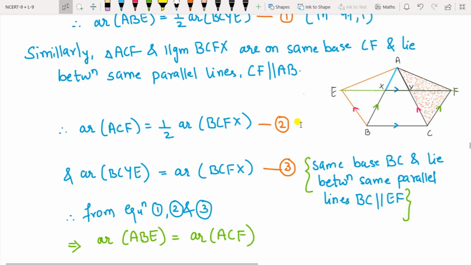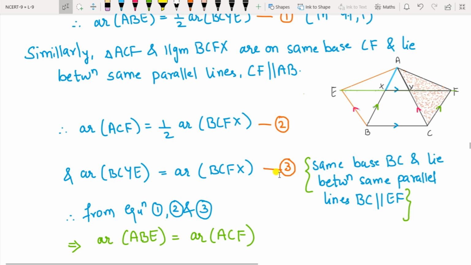Okay, that is equation number 2. Now the earlier parallelogram BCYE and this parallelogram BCFX, they both are on the same base and between the same parallel lines. Therefore area of this parallelogram BCYE will be equal to area of parallelogram BCFX. That is equation number 3.